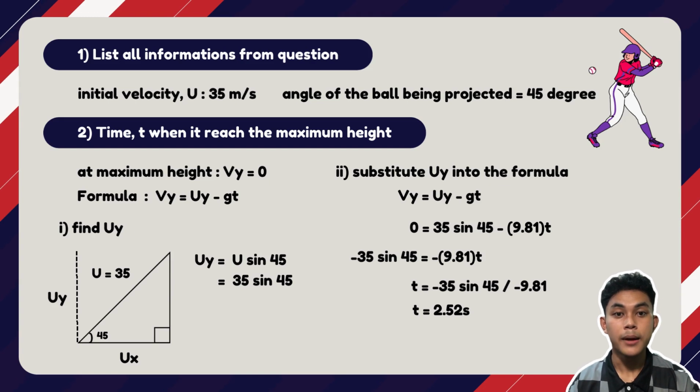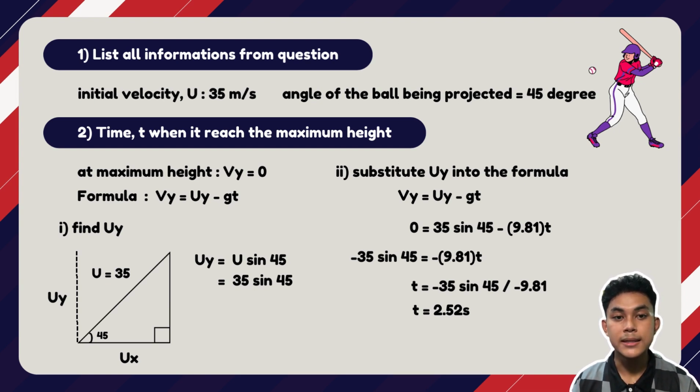These are the steps of how we will solve the problem. Firstly, we list down all information given from the question, such as the initial velocity and the angle of the ball being projected. Next step, we will calculate the time, which is t, when it reached the maximum height. At maximum height, we know that Vy is equal to 0.